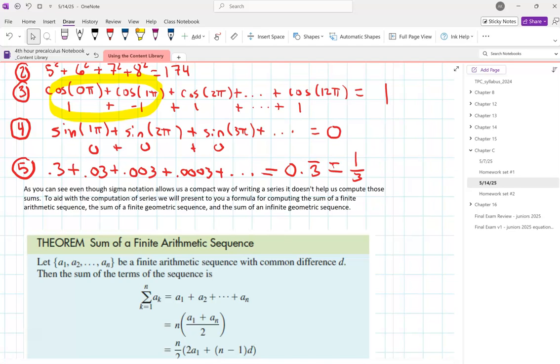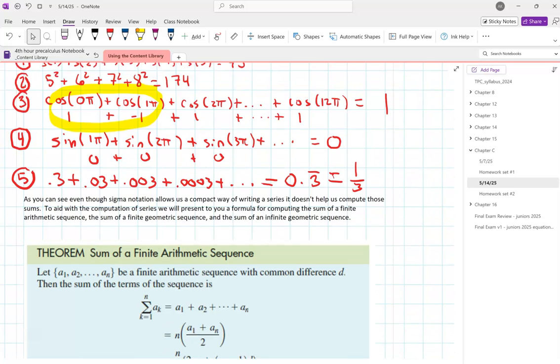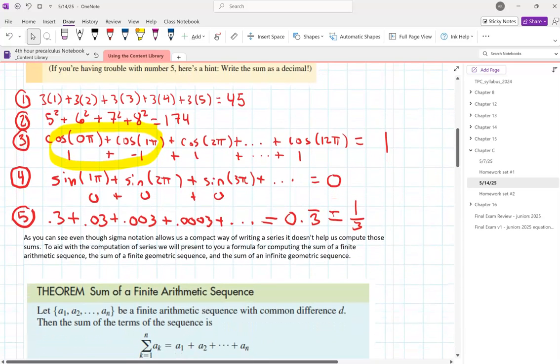So when we talk about doing these infinite sums, what we want to do is kind of systematize that a little bit more. And actually, we're going to save the infinite case for a moment and just worry about the finite cases. So what we did up here was kind of like the brute force method.